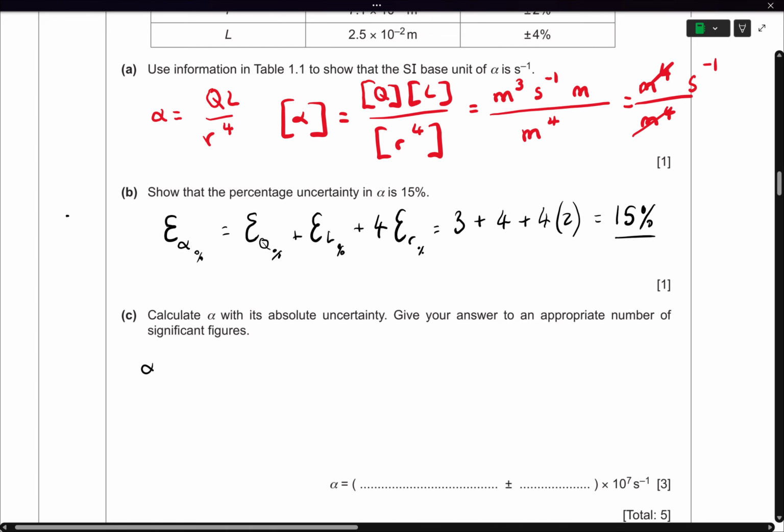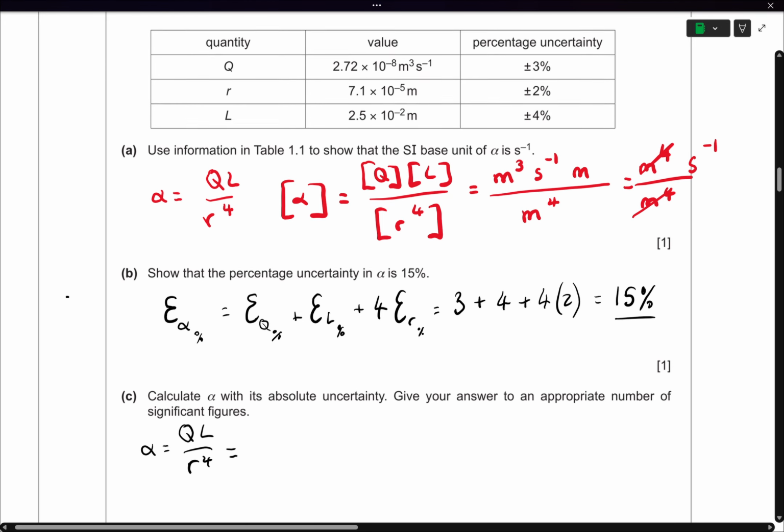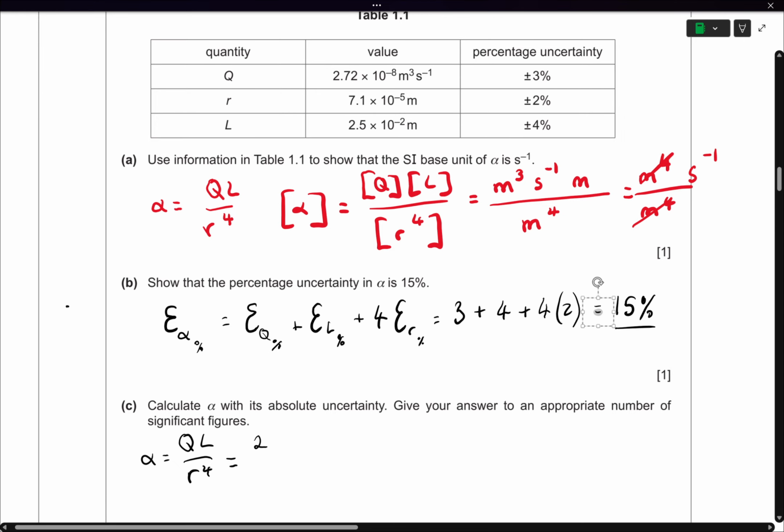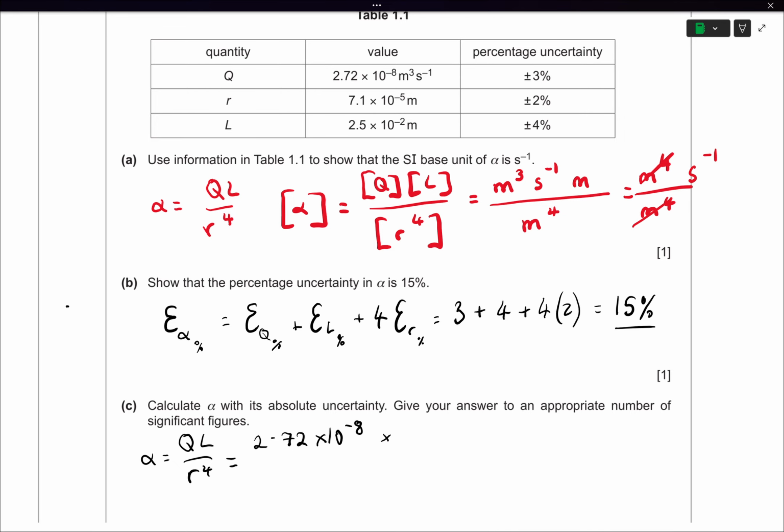So alpha, as we've just said, is QL over R to the 4. So our values are Q is 2.72 times 10 to the minus 8 times L is 2.5 times 10 to the minus 2 over R, which is 7.1 times 10 to the minus 5 to the power of 4.